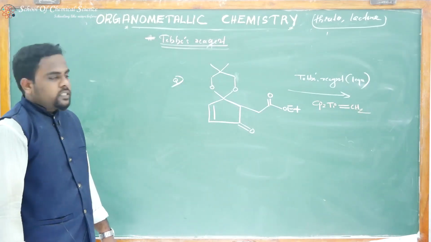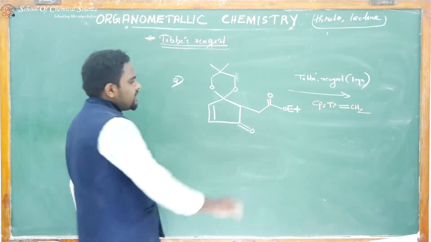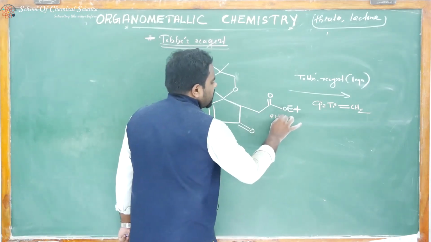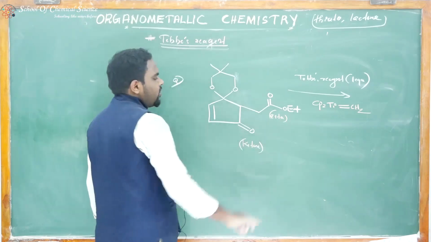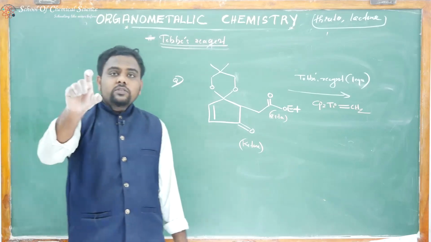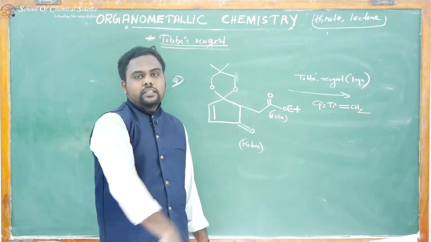How can you write the product? Here an ester is there. This is an ester and this is a ketone. Which is more reactive, ester or ketone? Aldehyde is most reactive: aldehyde, ketone, ester, amide. That is the order.